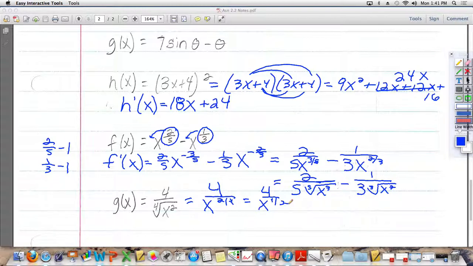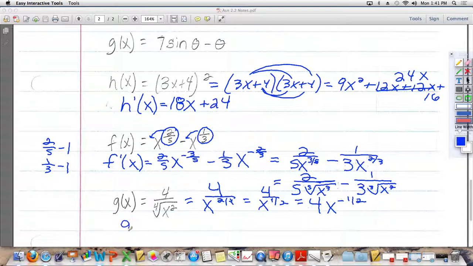But I can't do anything with this yet because it's a fraction. We need to make it not a fraction. So what we're going to do is make this 4x to the -1/2 power. So this 4 over the fourth root of x squared really means 4x to the -1/2 power. A lot of work to get there, but that's what it means.